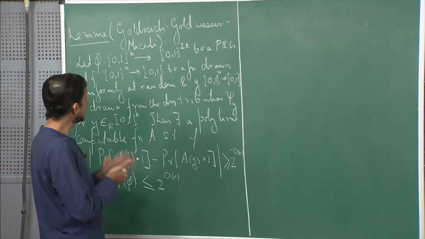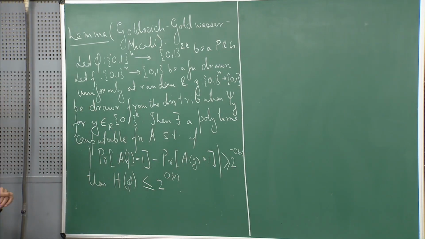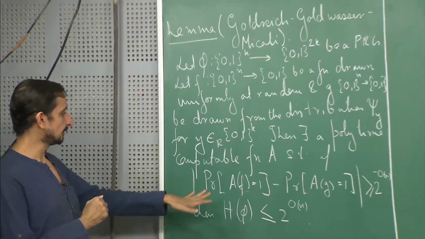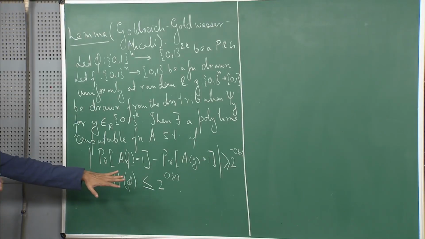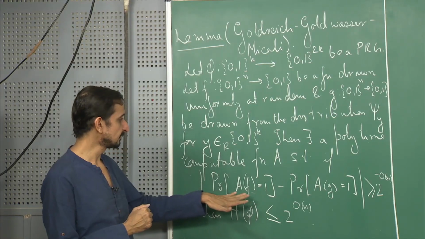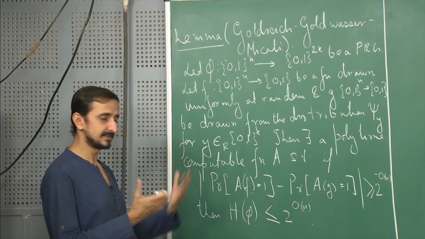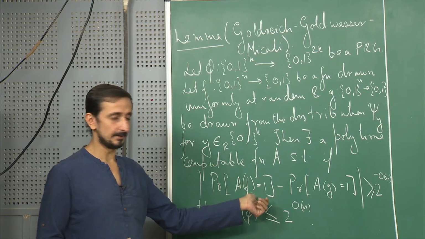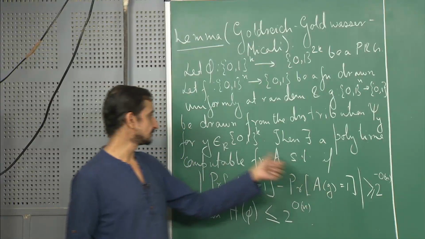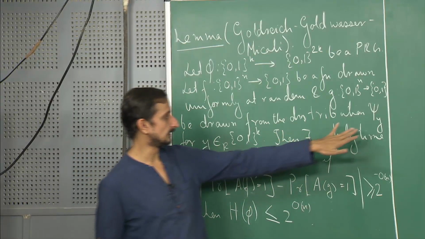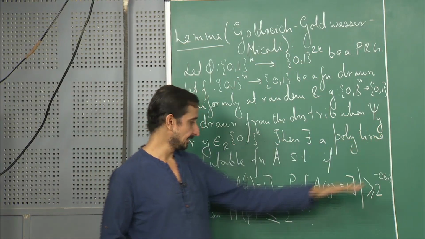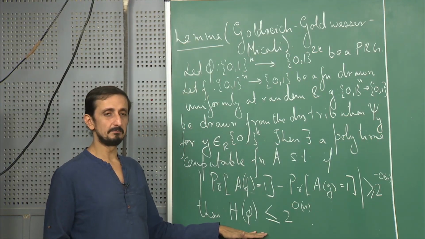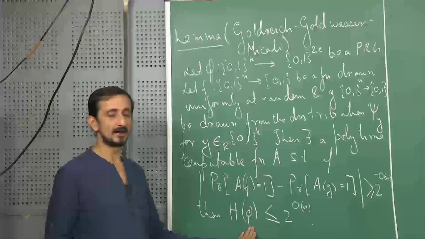And what this lemma says is basically that if one can break a pseudo-random function generator, so basically one can distinguish between a function that is truly random versus a function that is drawn from the distribution psi y, then one can actually break a pseudo-random generator.